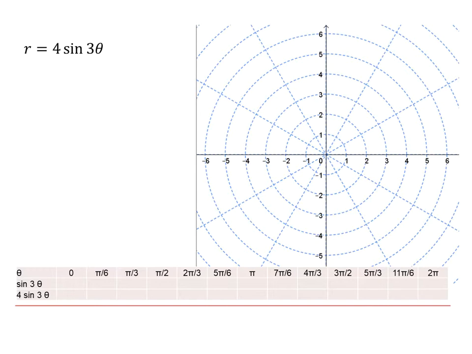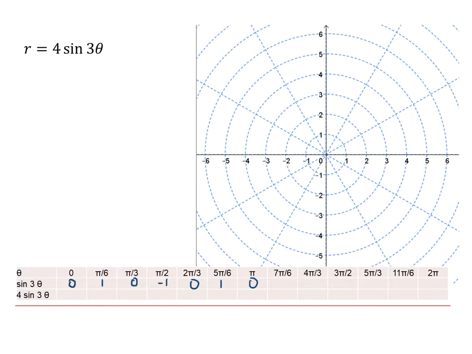So with sine 3 theta, that's going to happen between 0 and pi by 3. So in fact our values of sine 3 theta are going to be 0, 1, 0, negative 1, 0, 1, 0, etc. So changing between 0, 1 and negative 1.